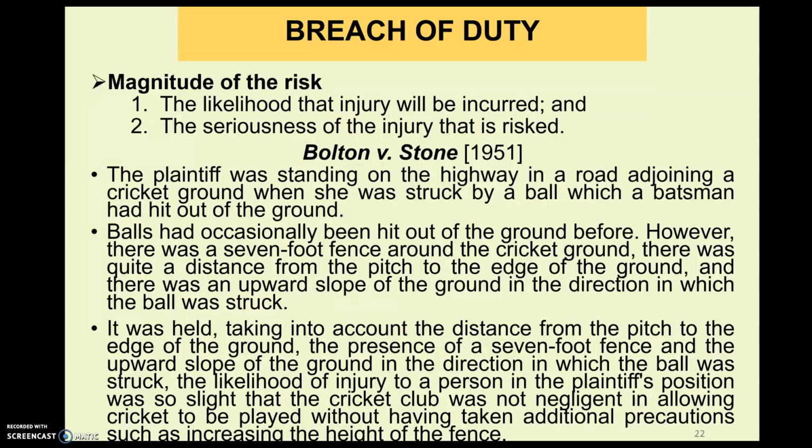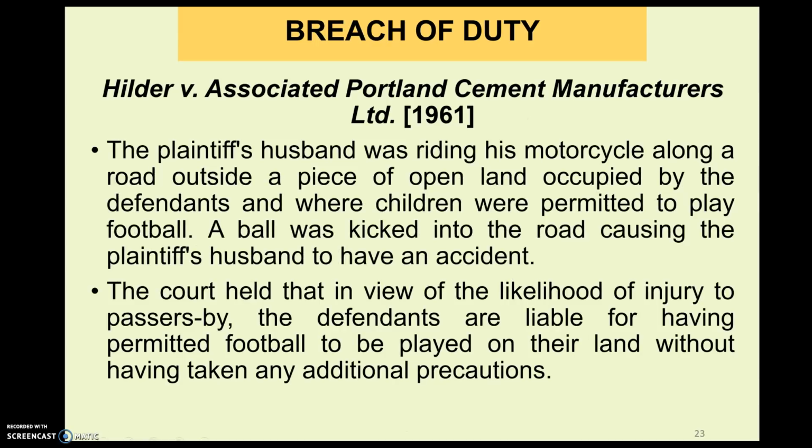So the court held that the cricket club was not negligent in allowing cricket to be played because basically they have taken additional precaution. Now what about the other one?